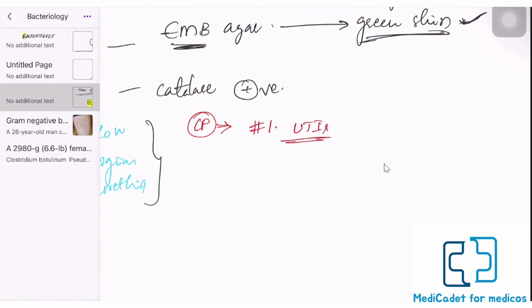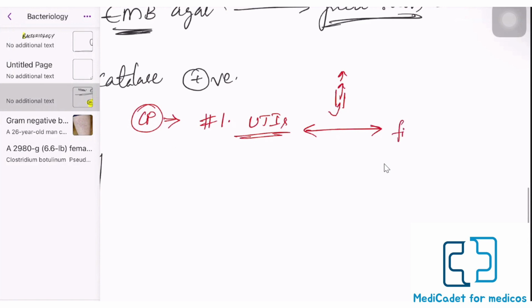Since it is in the colon, in the fecal flora, and the female has a short urethra, it can contaminate and ascend the urethra and cause UTI. The main virulence factor that allows E. coli to cause UTI is fimbriae or pili. It helps E. coli adhere to the uroepithelium and move across the urethra, causing the UTI. So this is the primary one.